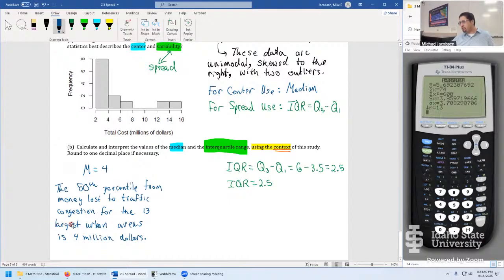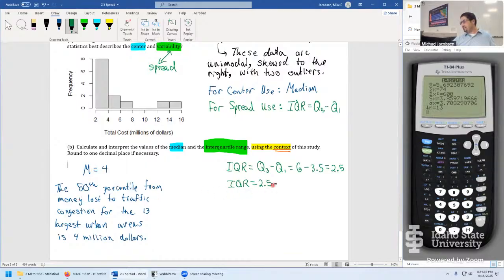If you didn't say largest urban areas, but you said 50th percentile from money lost due to traffic congestion is $4 million, and that was it, I would say that would qualify for a full credit response on exam. You saw the context and you rewrote it here. We put in two elements, that it was traffic congestion, and this was largest urban areas. Does that make sense to folks on writing down this one?